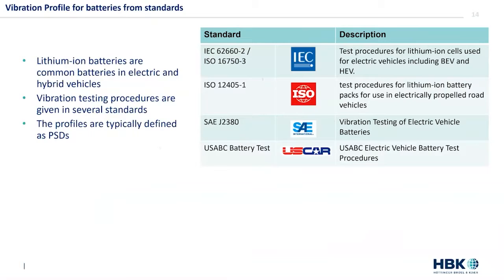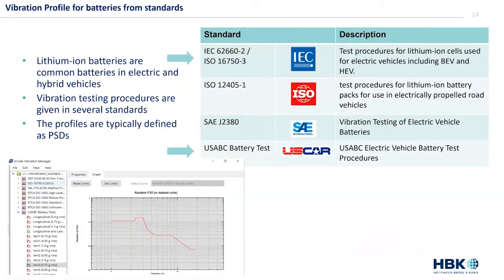For those of you who are using our software, you might know we've got a vibration manager where you can find a number of those vibration curves from different standards. If the vibration curve you're after is not in there, you can enter your own PSD, sine sweep, sine on random, etc. Once it's in this database in our software, you can use it in a flow file, like I'm going to show you in a minute in a demo.